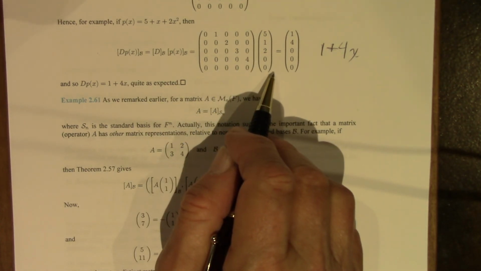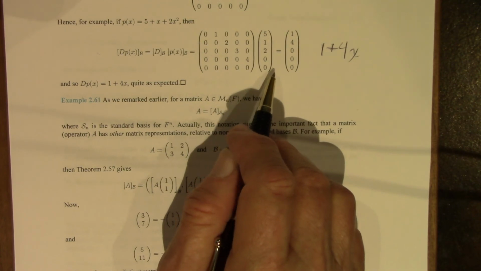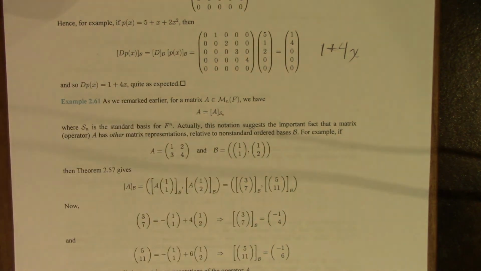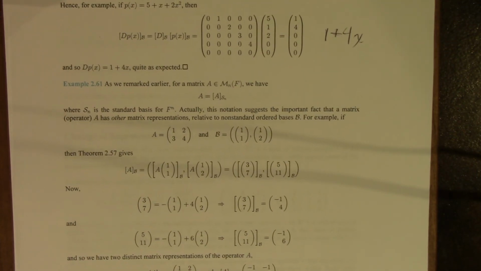We discussed this earlier when we talked about the fact that some bases are better than other bases, and the fact that applying a linear operator is generally considered more difficult than taking a coordinate matrix.